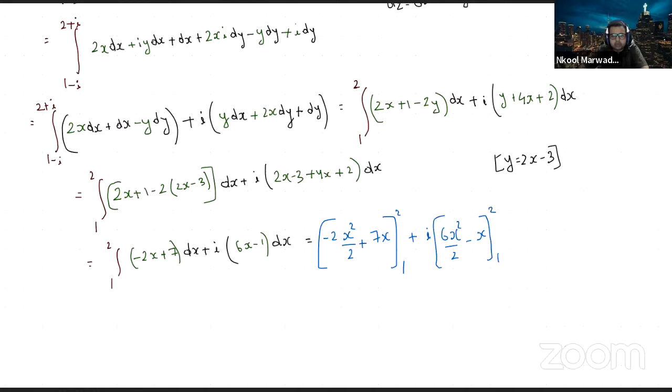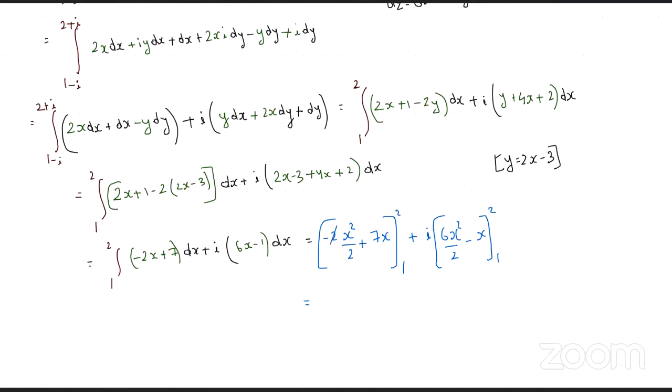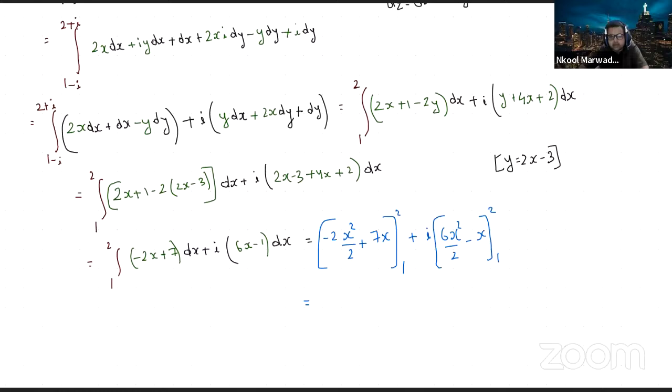After putting the limits, one more step we can write. See, this 2 I can cancel. So when I cancel it, here I will be having minus x square plus 7x.